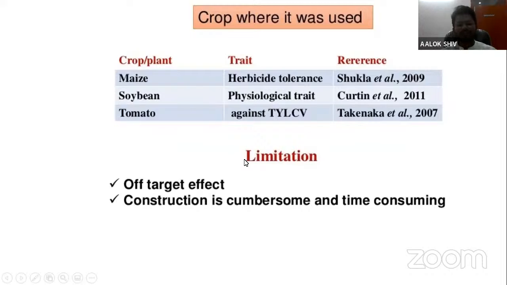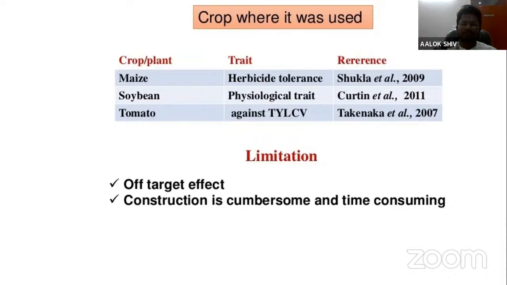So what is the limitation of this? It is the off-target effect. So what is off-target? This genome is very large, and we want to modify or edit a particular location in the genome, but it does not happen practically that only the location we want to edit is modified. It also goes and binds somewhere else in the genome.